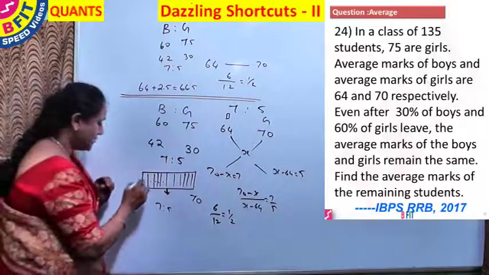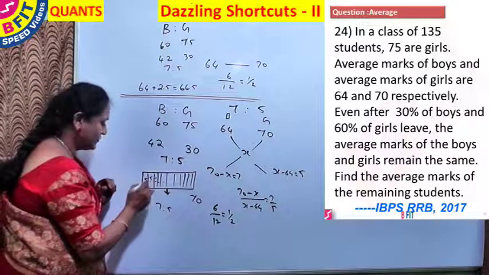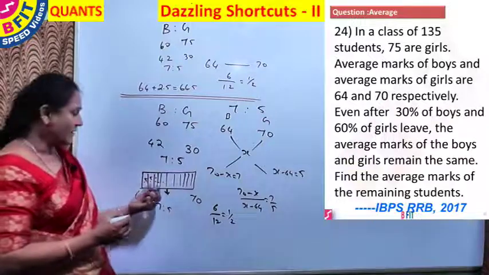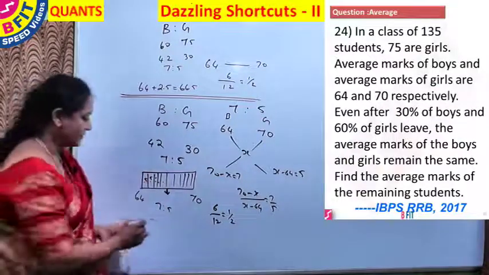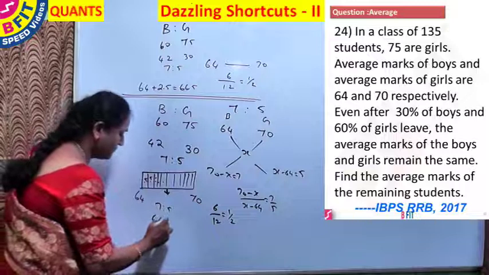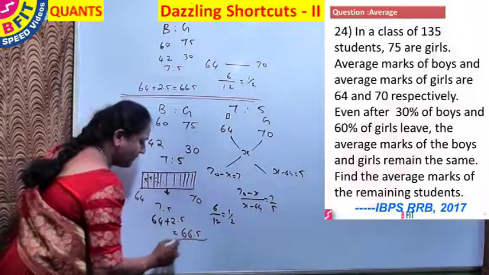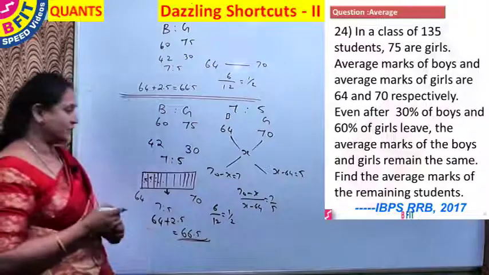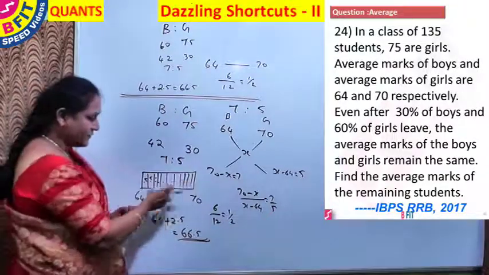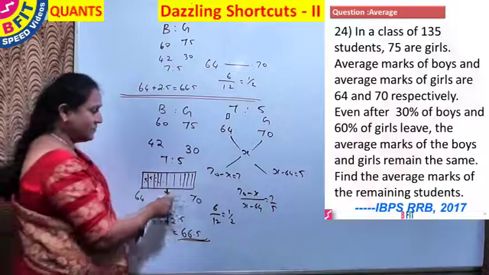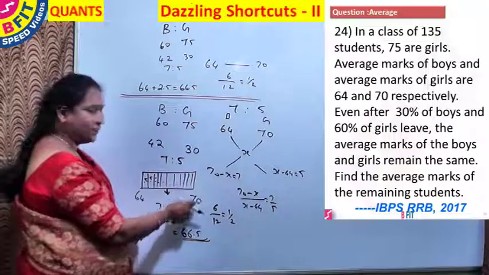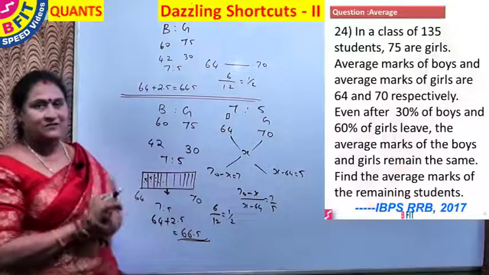So each box has 0.5 value, and the average of the whole is 2.5 more than 64. So 64 plus 2.5 will give you the average of the remaining students as 66.5. Working this way, it is 7 parts less, which is 3.5 less than 70, and you will arrive at the same answer.